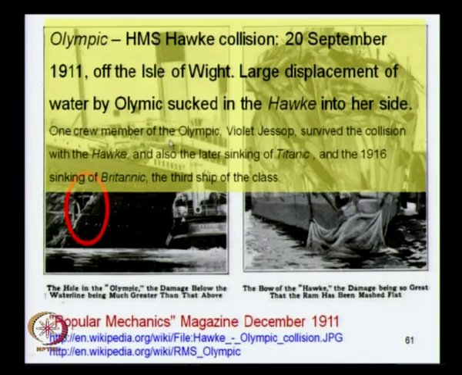There was one crew member of the Olympic by name Violet Jessop who survived the collision with the Hawk, and he also survived the collision in which the Titanic sank, which some of you would have seen in that very famous movie. And subsequently there was another ship which sank, the Britannic, and our man Violet Jessop survived that as well. So Bernoulli's principle appears in some very fascinating stories in voyages through the sea.